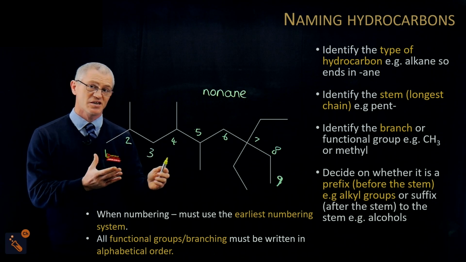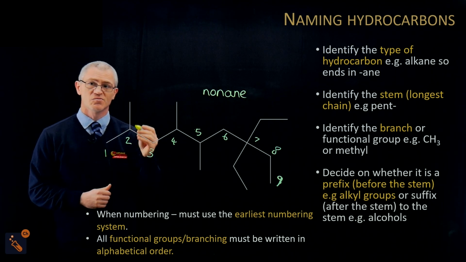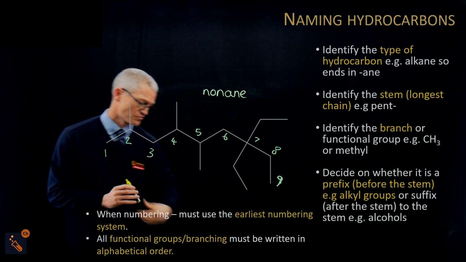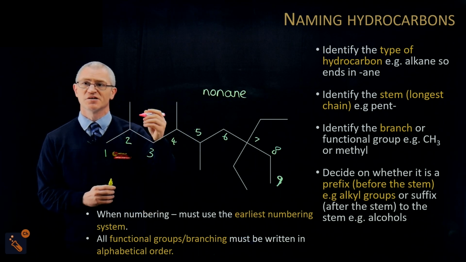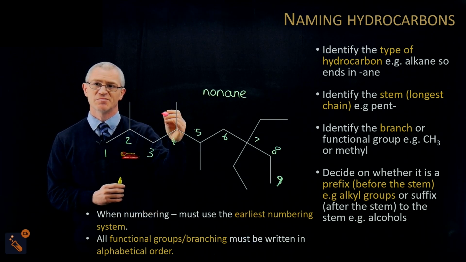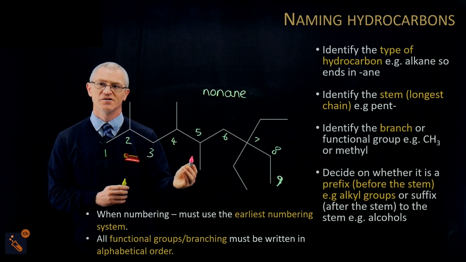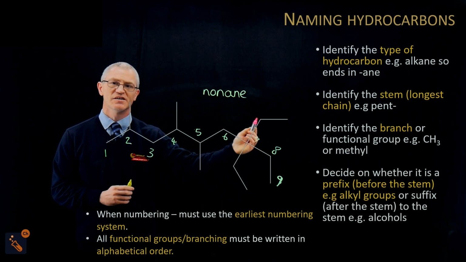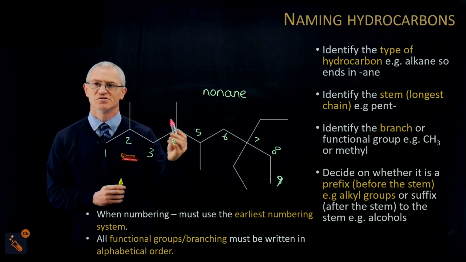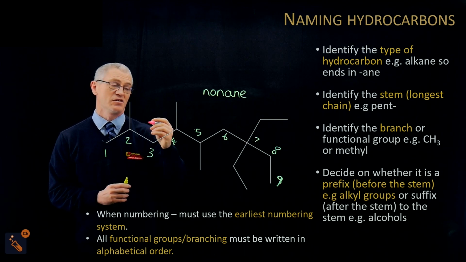So now we can say where are the branches coming off. So we've got a branch coming off here, and that branch coming off here is a methyl. Let's count how many methyls we've got. So we've got a branch at 2, a branch at 4, and a branch at 5. And they're all methyls. The other two are ethyl groups, as in 2 carbons long. So we've got 3 methyls.